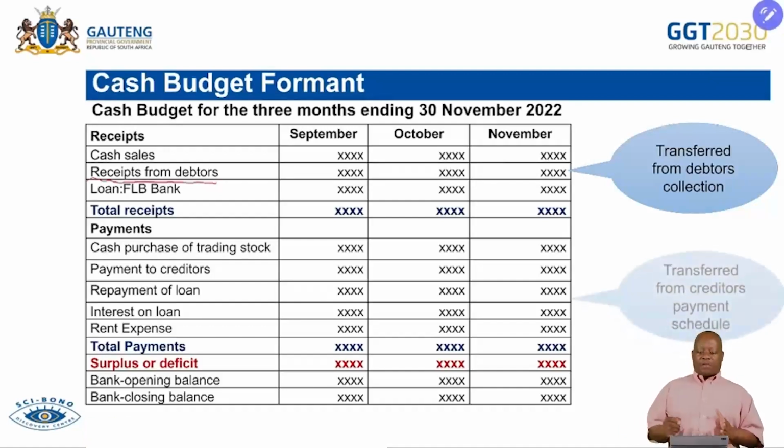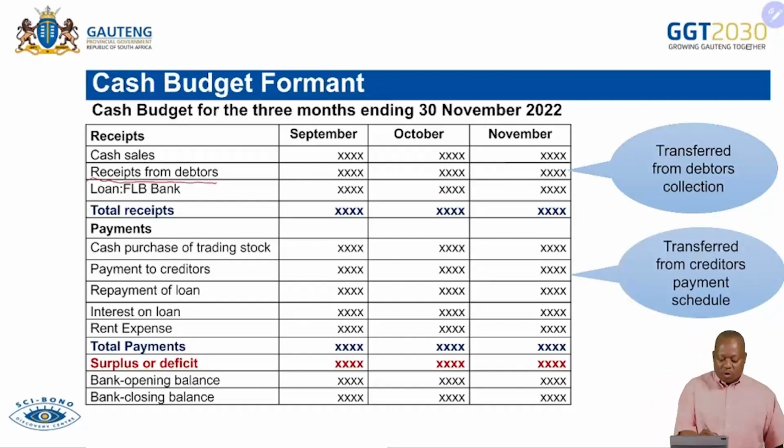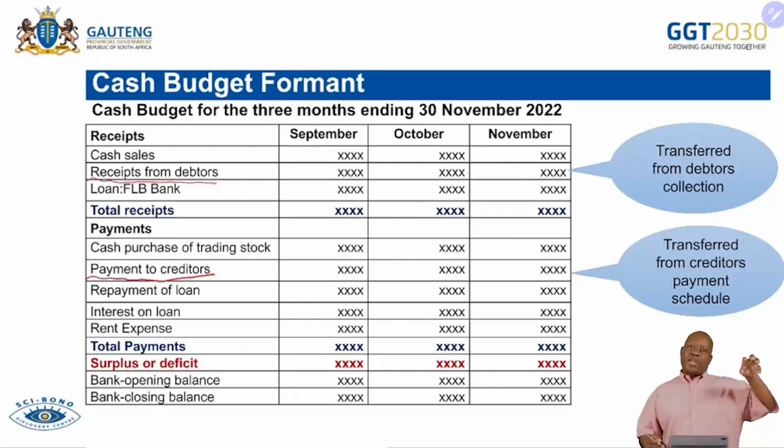And then all the figures that we are going to get from the creditors payment schedule, we are going to transfer them into our cash budget as payments to creditors. That's payments to creditors. And please take note, these are very important parts of our cash budget, which means we need to go and look into those figures, and then after having our solutions, bring these to the cash budget.